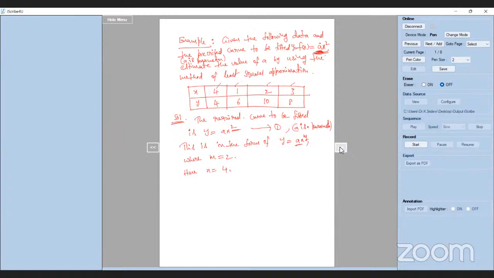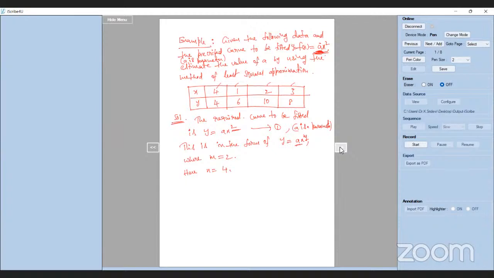Definitely we have to convert this exponential form into the form of a straight line or parabola, that means a first degree polynomial or a second degree polynomial. Then only we can have the normal equations, and if we have the normal equations, these equations are useful for finding the parameter values.